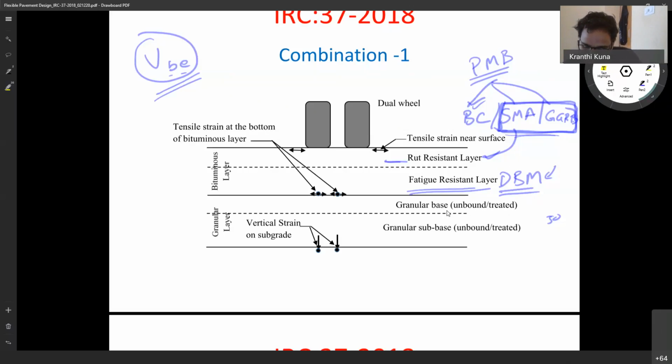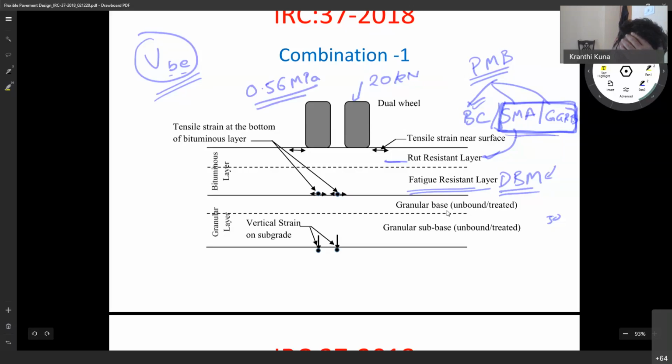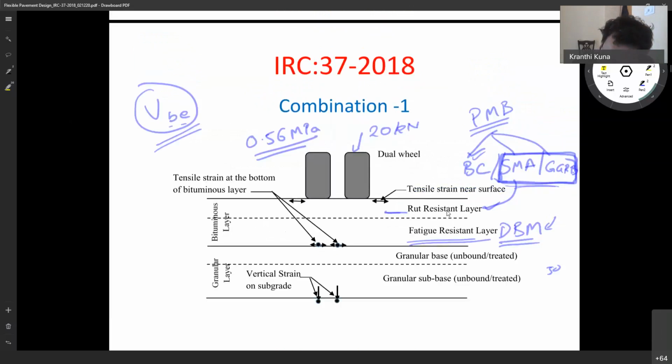So coming to what I'm trying to discuss: when you are designing a pavement, we give a 20 kilonewton load on each wheel, and we apply an effective stress of 0.56 megapascals. In linear elastic analysis, we use a circular contact area and a uniformly distributed load, isn't it?